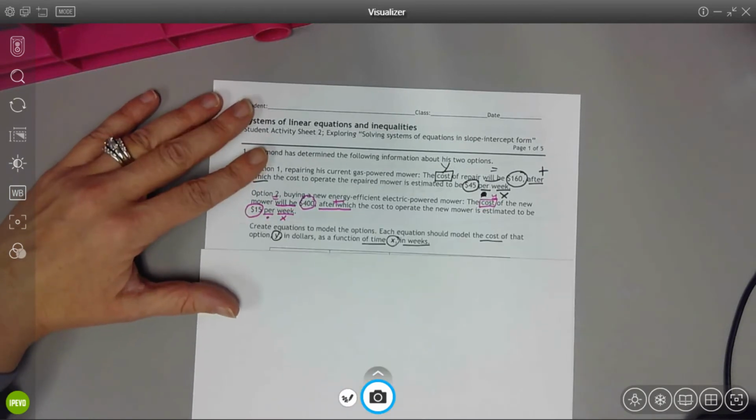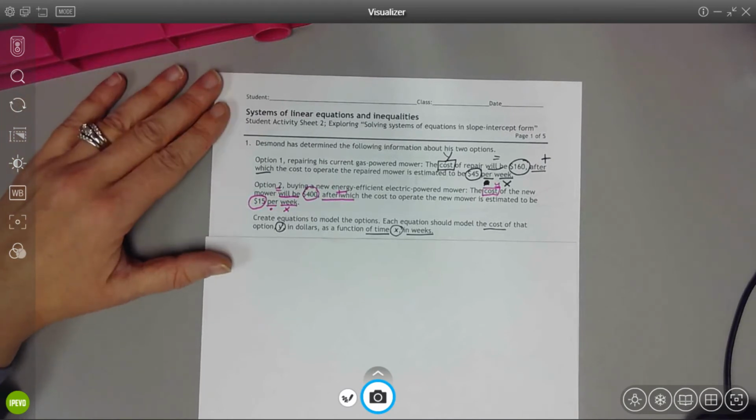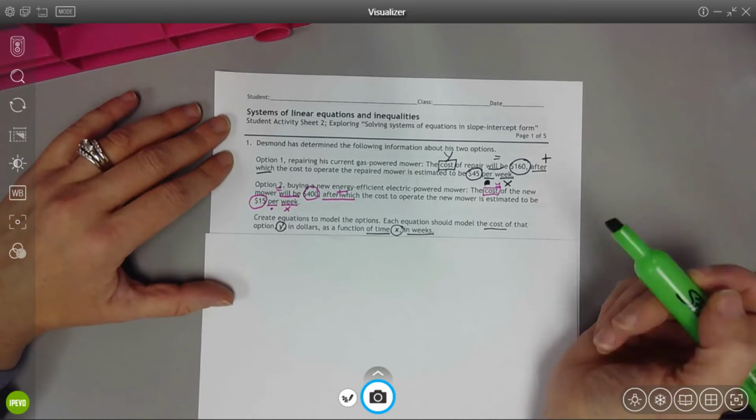What they want us to do here is to create two equations that will model the cost of each scenario.